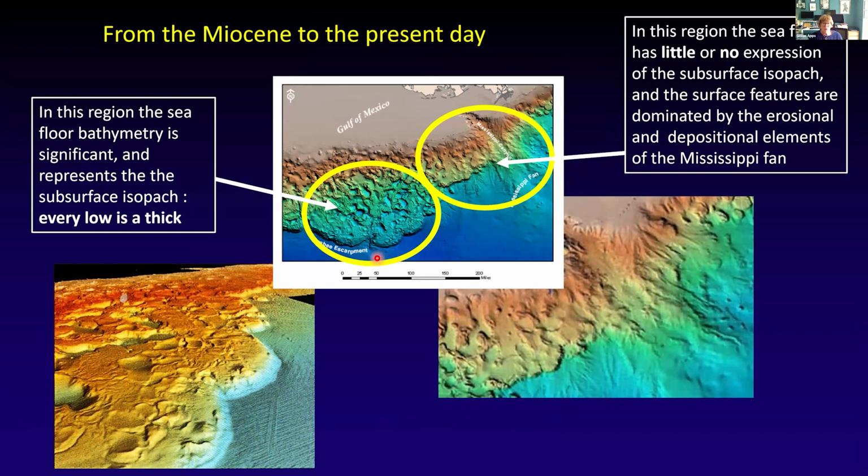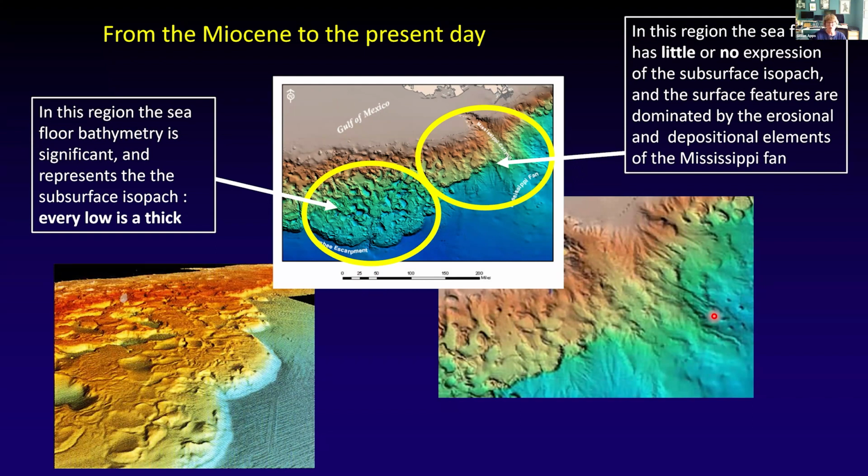And this is carried on to the present day, but at the present day, we actually have the flip side, where we're seeing now the western area has significant seafloor bathymetry and represents the isopack beneath very well indeed. Every low is actually an isopack thick. And this is a low sediment flux area compared to this, where the modern day Mississippi is focused. And in this region, you see little or no expression of the subsurface isopack whatsoever.